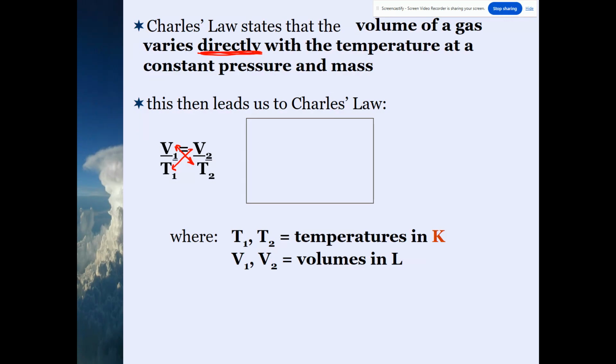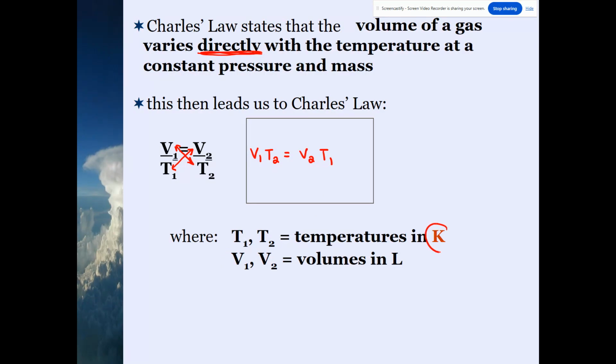So it will always be rearranged in my first step to look like V₁T₂ equals V₂T₁. Since you're not given these formulas, I would just memorize Charles' law in this linear form, so it's easier to rearrange, like we did with Boyle's law. So V₁T₂ equals V₂T₁, okay?